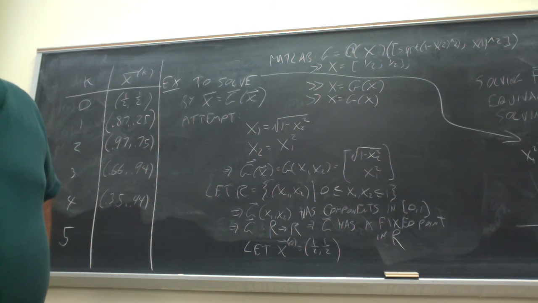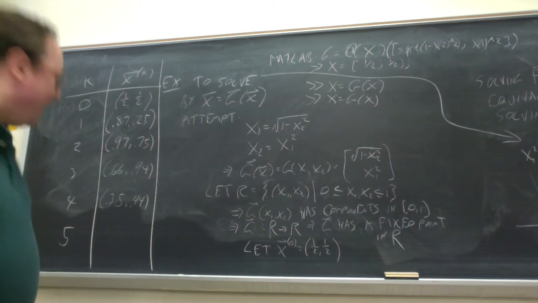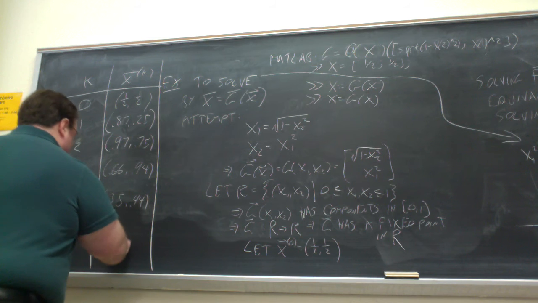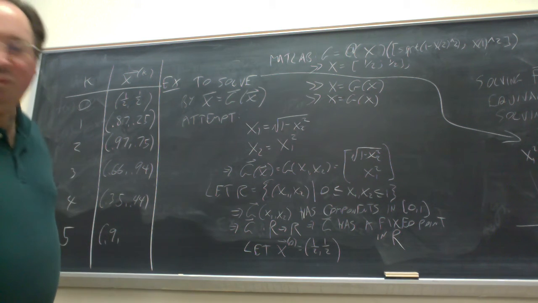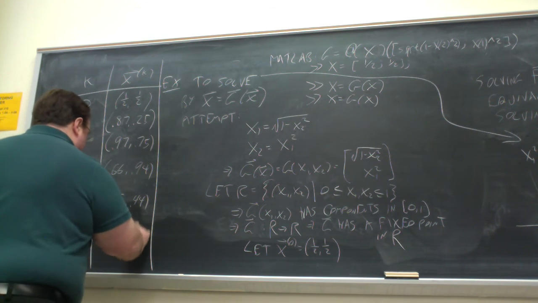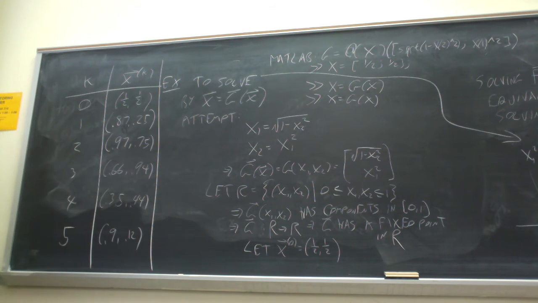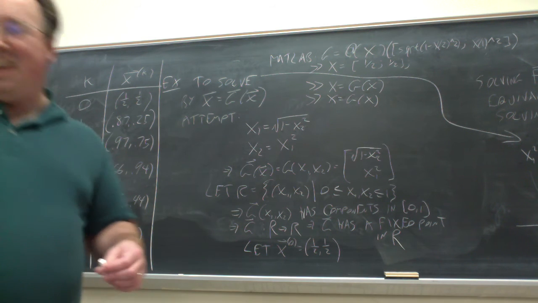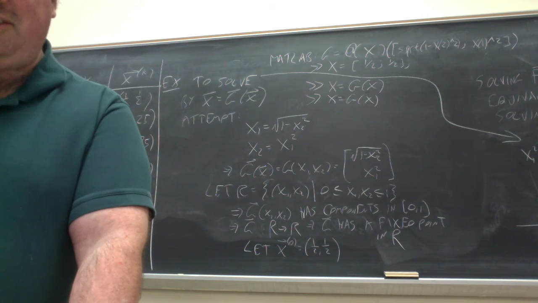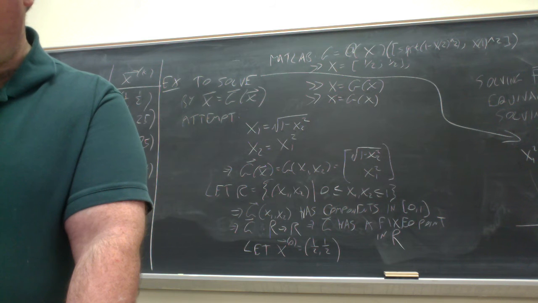And then 0.9 and 0.12. So if I were to draw these, it'd be like a helter-skelter graph. So I was hoping that 5 iterations would at least give us an idea as to what the outcome will be. So what I'm going to do off screen is keep going.